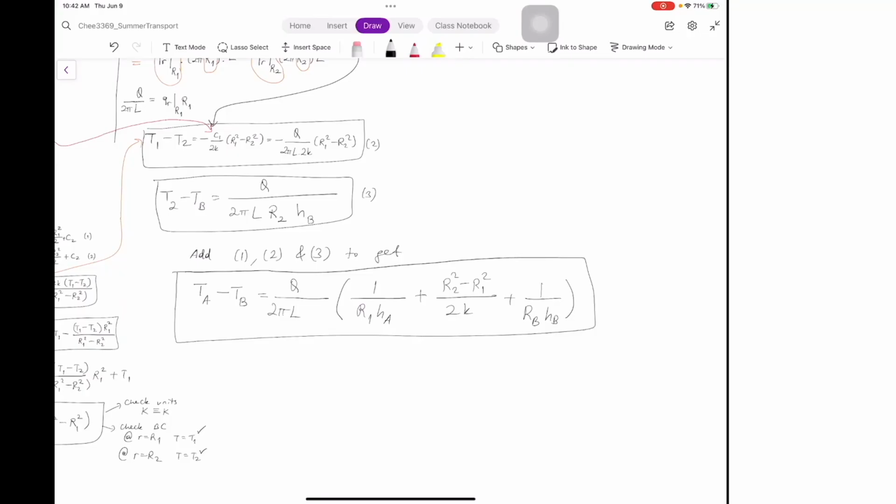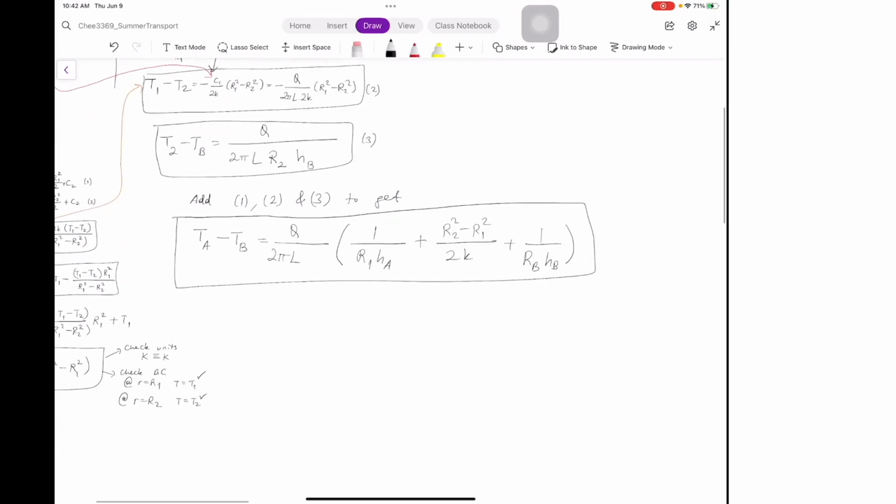Now, you have the temperature difference related to Q, so you can basically do it the other way around. Write the Q in terms of temperature differences. So the Q over L, basically, the heat transfer rate per unit length, comes out to be equal to 2 pi. I want to just keep the 2 pi in the denominators.